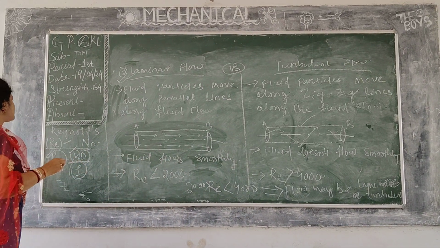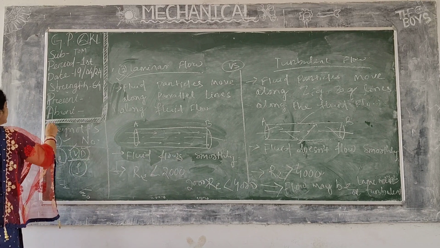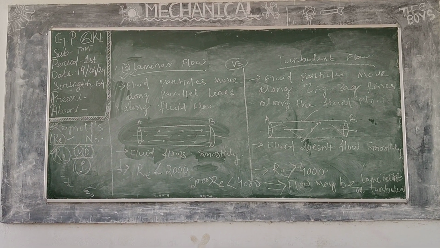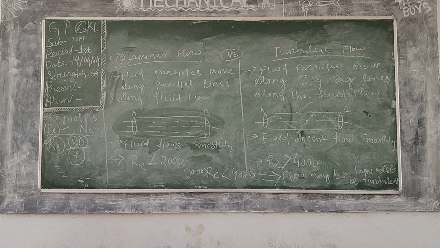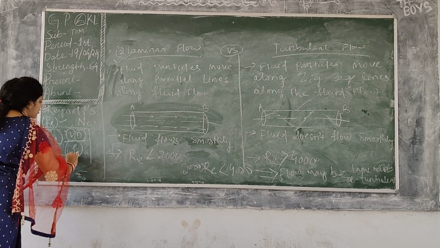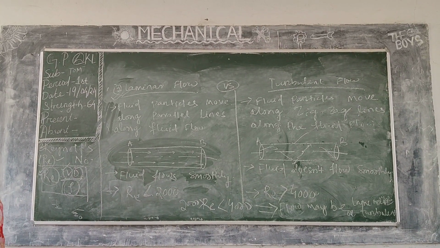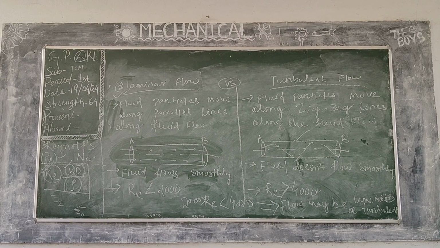Now we have understood this, it may come as a 2-mark short question. Okay, what do you mean by Reynolds number? Whenever we are going to describe it, first we should write down that Reynolds number decides the type of fluid flow inside a pipe.